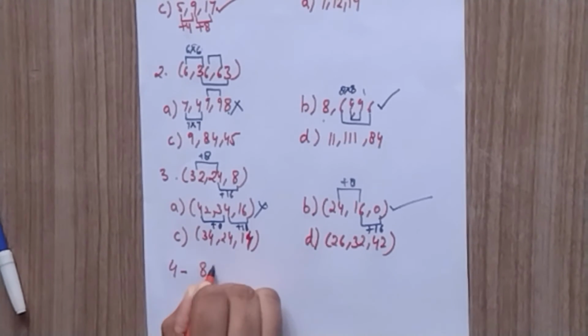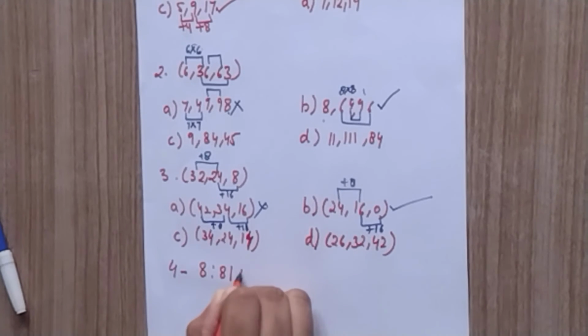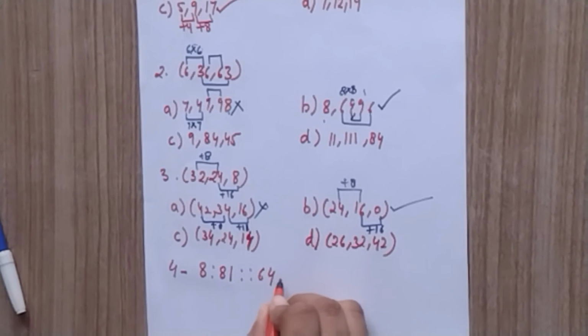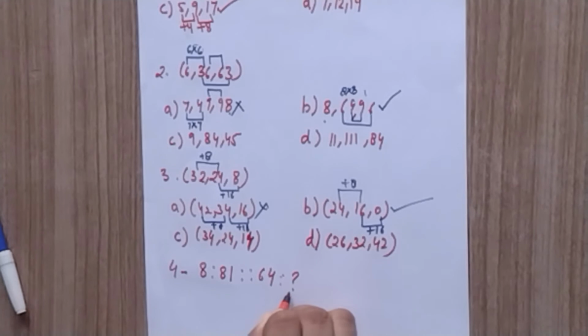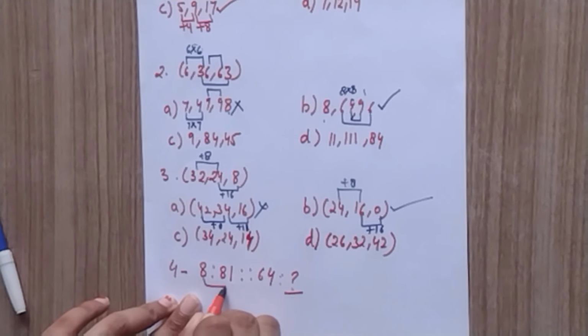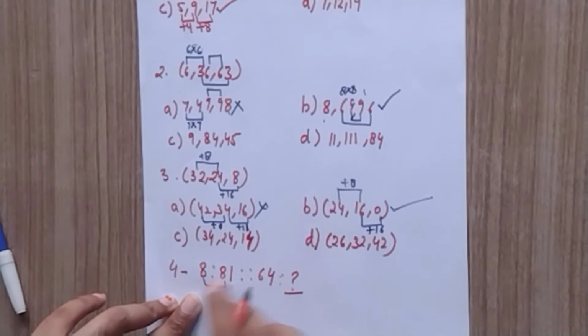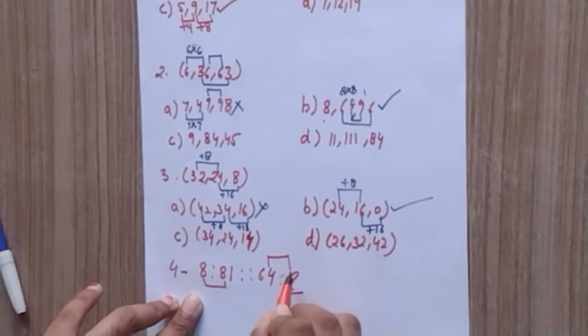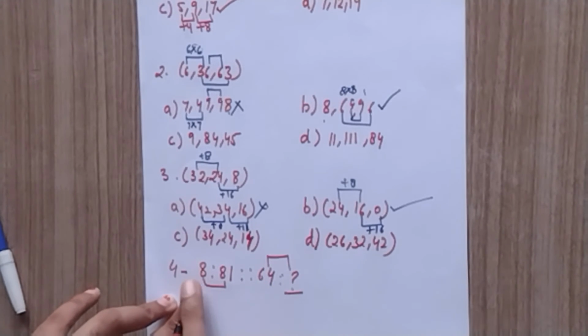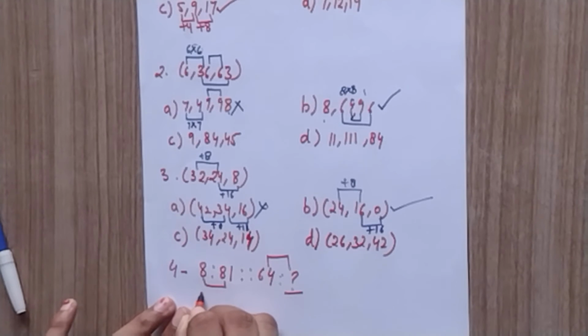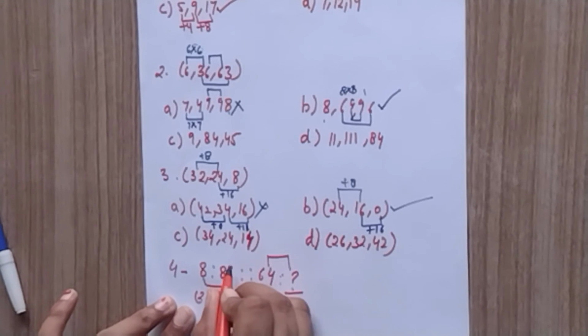Now let's take a different type of question related to analogy. Here 8 is to 81 and 64 is to question mark. In this type of question, we first see the similarity between 8 and 81, and the same similarity exists between 64 and the question mark.